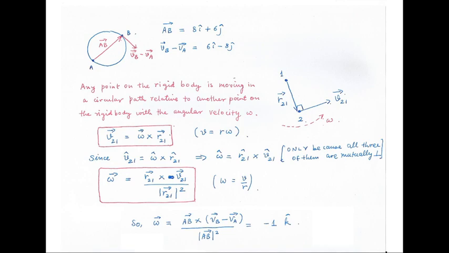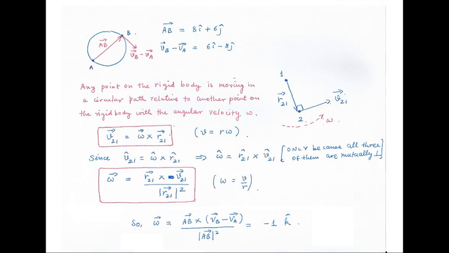So if I look at the motion of B from A, from the perspective of A. So if I sit on the point A and I keep moving with the point A, the velocity of B will be obviously perpendicular to AB, and B will move in a circular path.